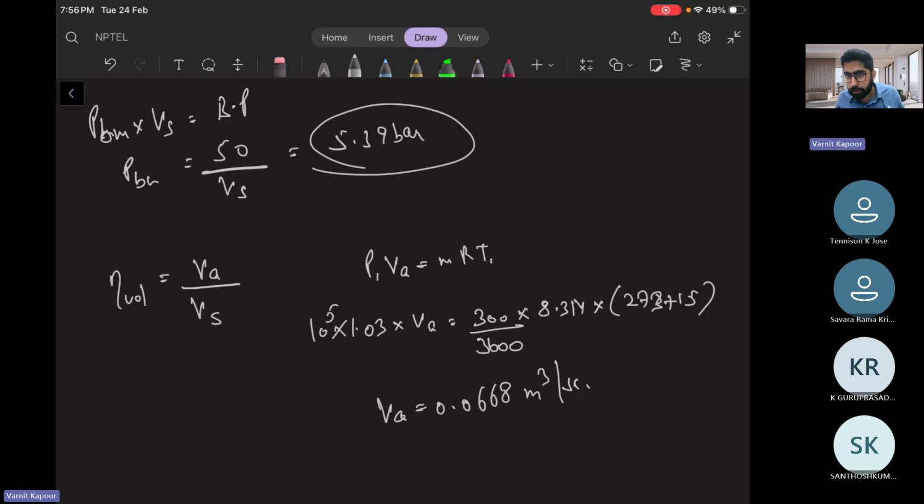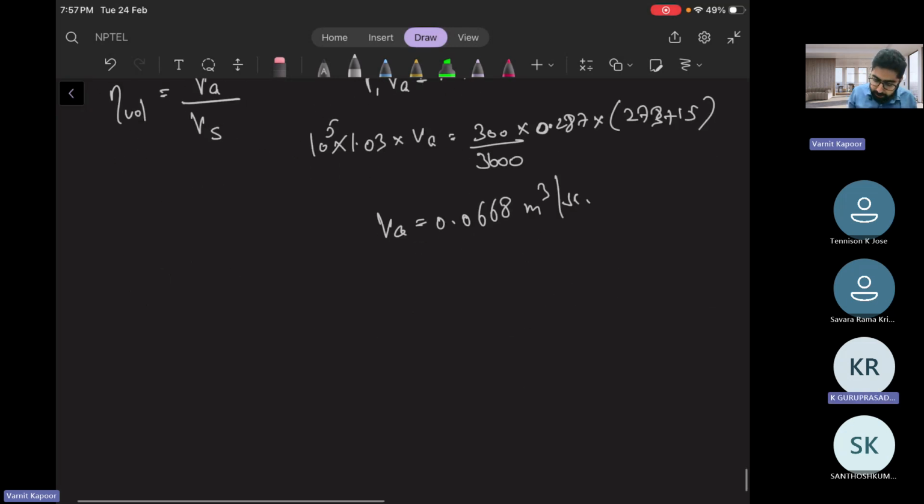What is that value? The gas constant value is 0.287 kilojoule per kg Kelvin. Yes, that value we have to write, R by mass of that gas. So from here, VA will come out to be 0.0668 meter cube per second in SI units.